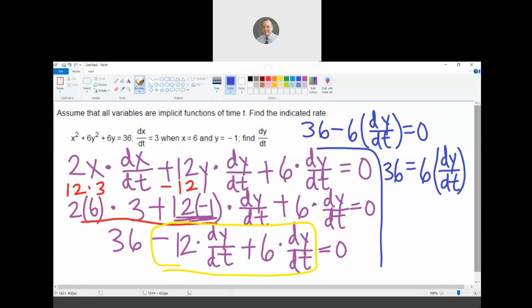Now, the last step, just like solving a regular linear equation, you would divide both sides by 6. Therefore, dy over dt is exactly 6.